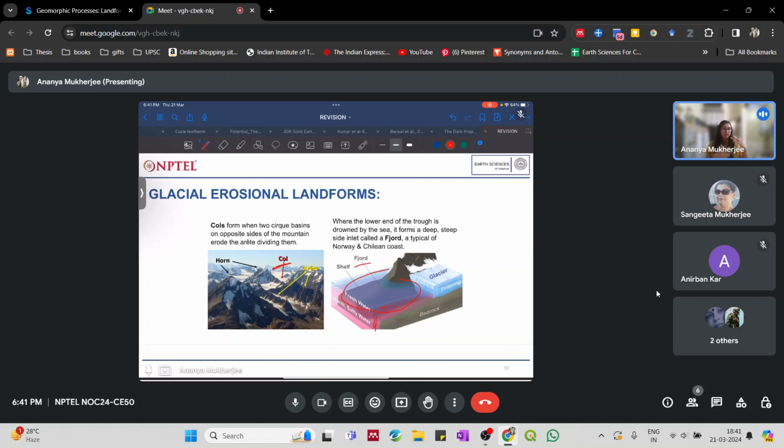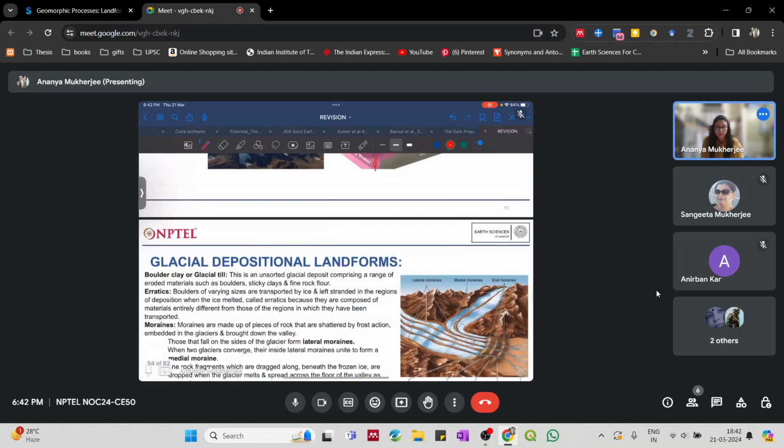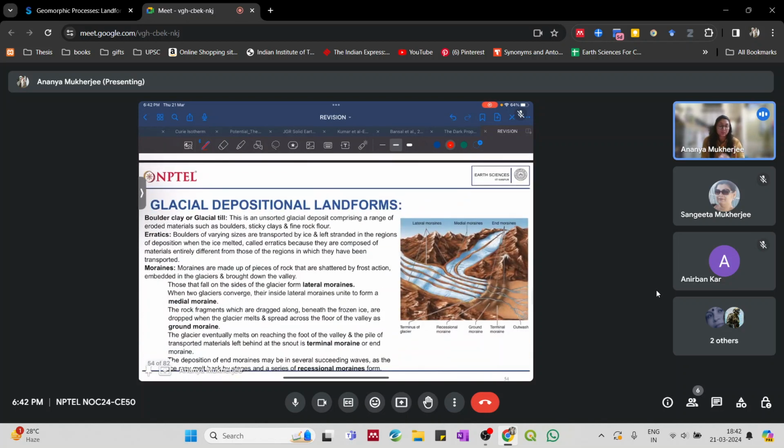Mostly these form in the coastal parts of glaciated land. Norway, for example, has a lot of fjords.